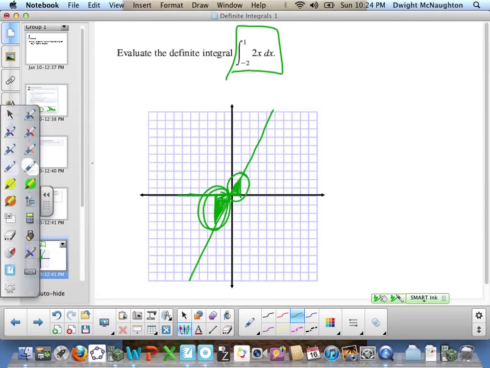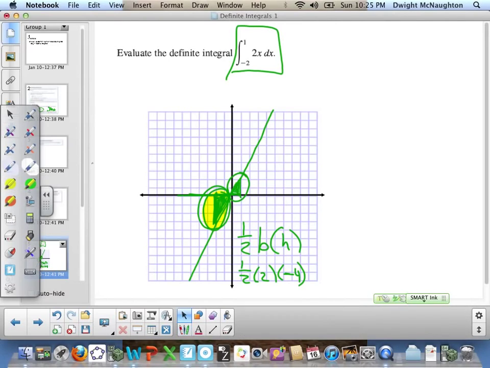So the area of that triangle is 1/2 the base times the height. The base is 2, and the height, since it goes down, will be negative. At negative 2, it's negative 4. So that triangle's area will be negative 4. Then we need this triangle right here.